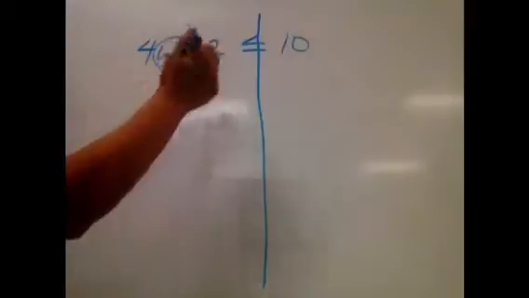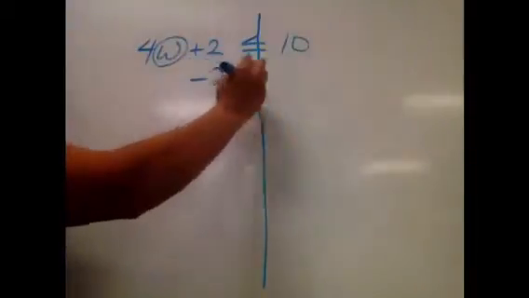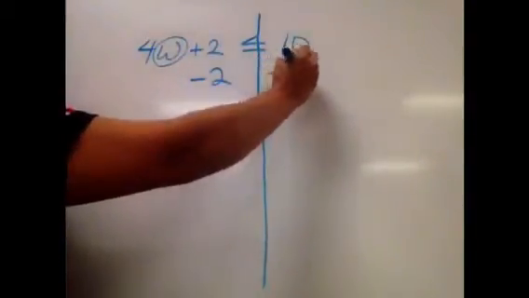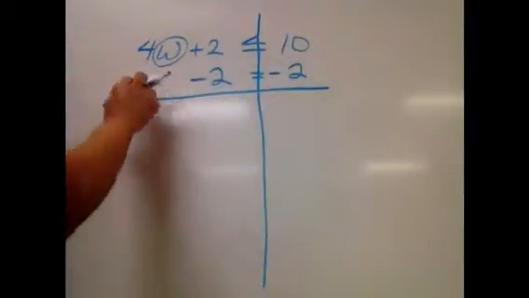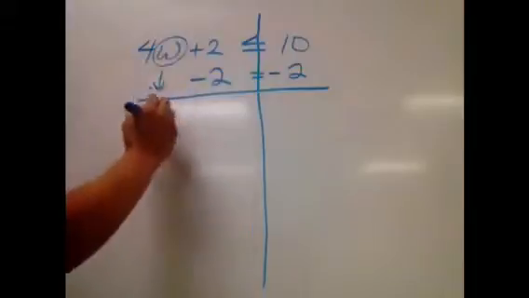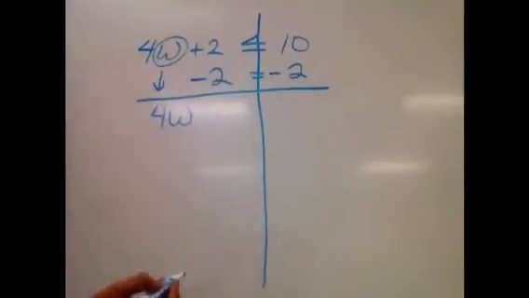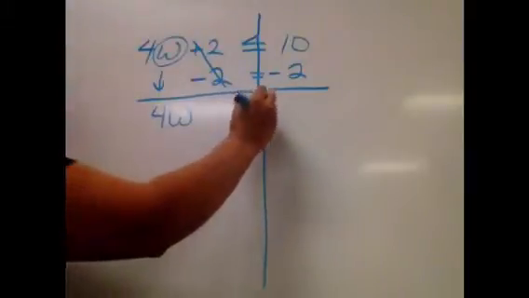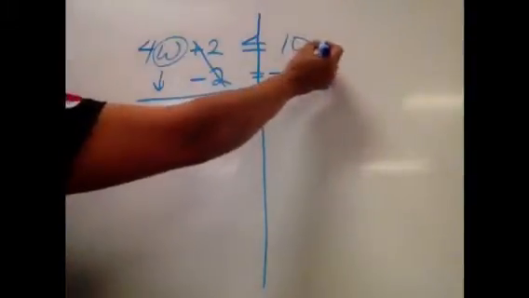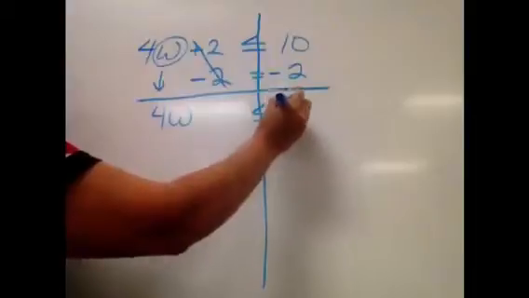This is plus 2, so we're going to subtract 2 from both sides. We bring the 4w straight down because we are not affecting it at this point. These cancel. 10 minus 2 is 8.